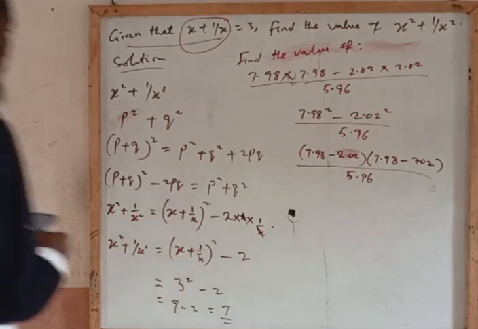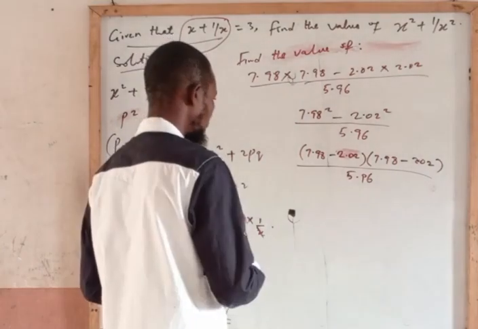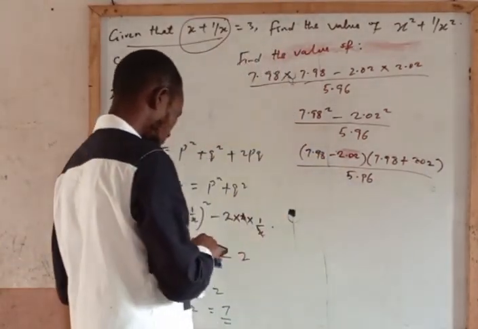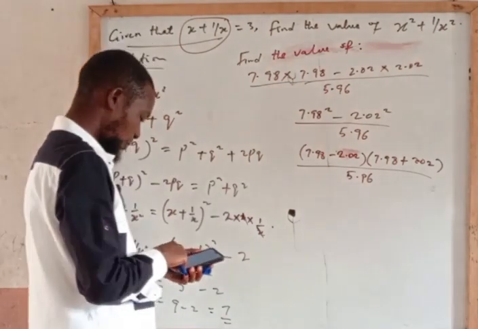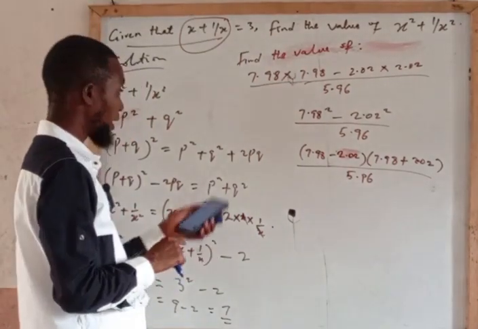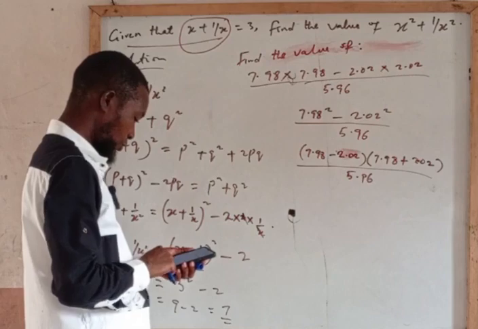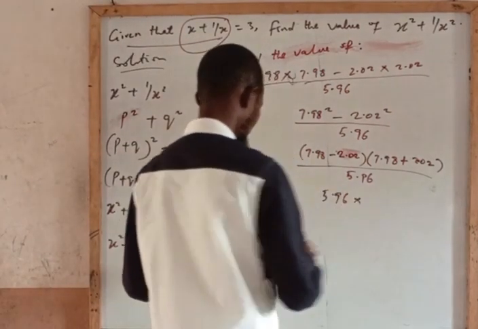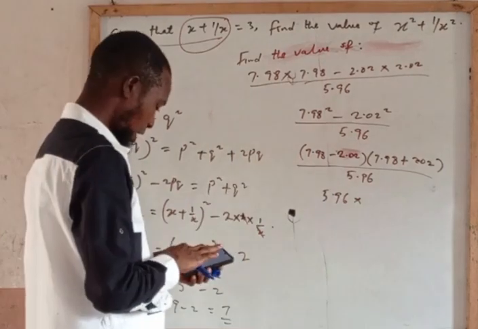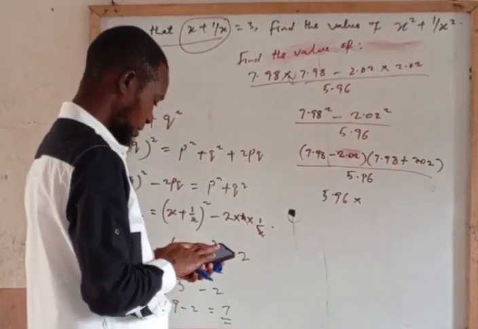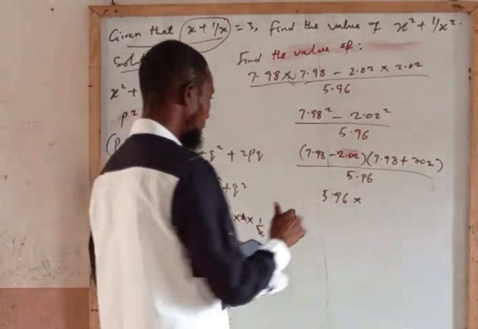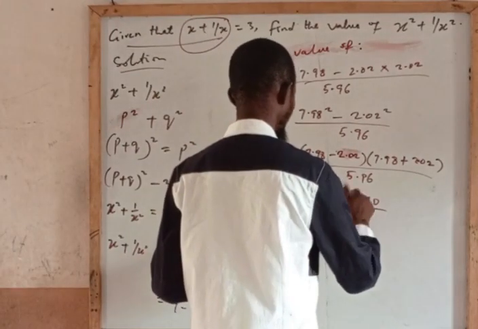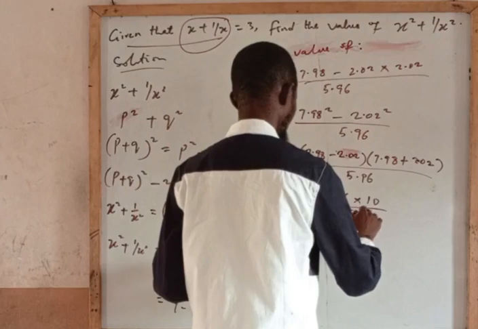Okay, one should be minus, while the other should be plus. So here, 7.98 minus 2.02 gives 5.96, times 7.98 plus 2.02, which is 10, over 5. I think this should be 59.6.